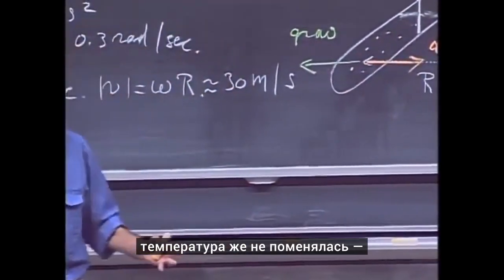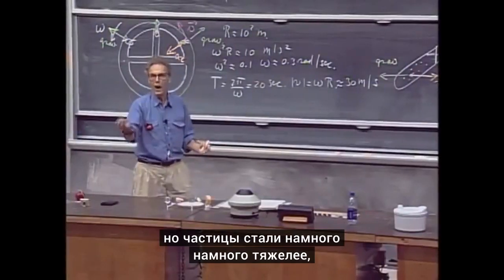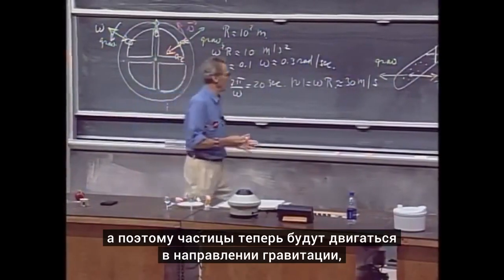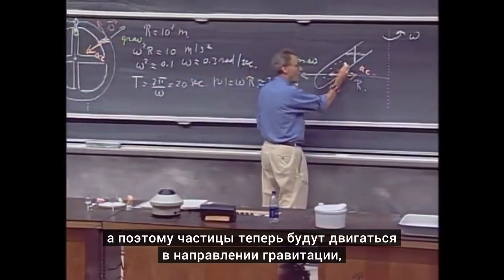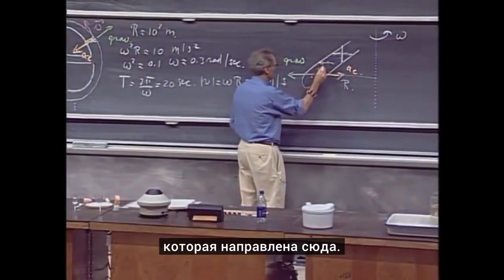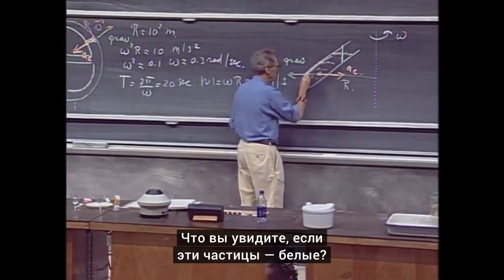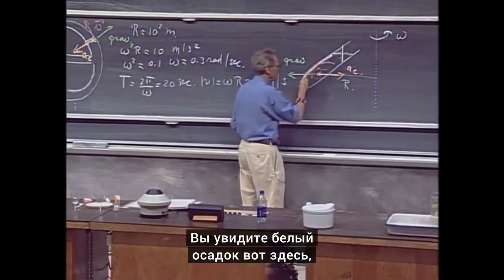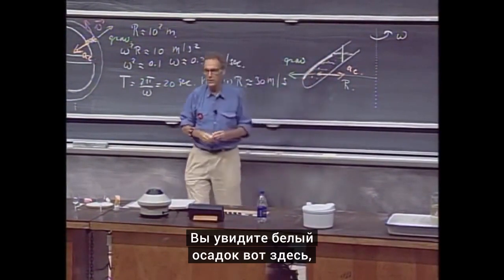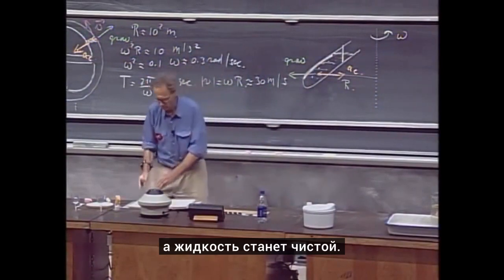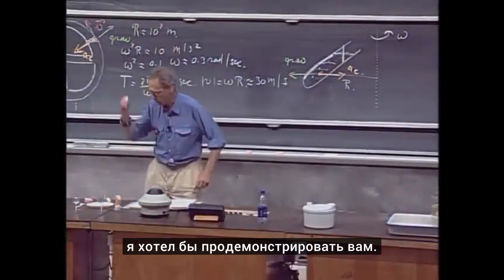The temperature doesn't change, but the particles have become way, way heavier. And so the particles now go in the direction of gravity, which is here. And what you will see, if these particles are white, you will see white precipitation there, and the liquid will become clear. And that is something that I would like to demonstrate to you.